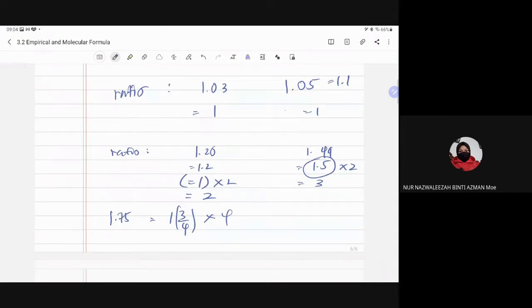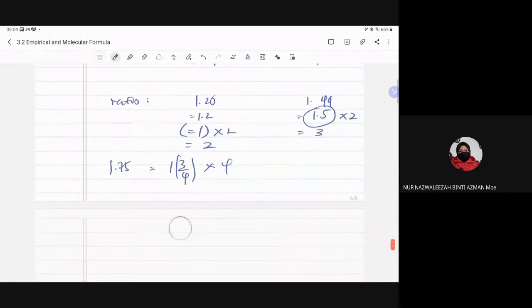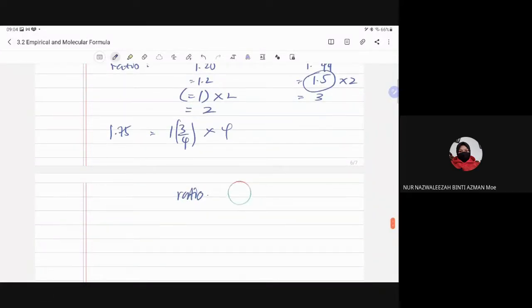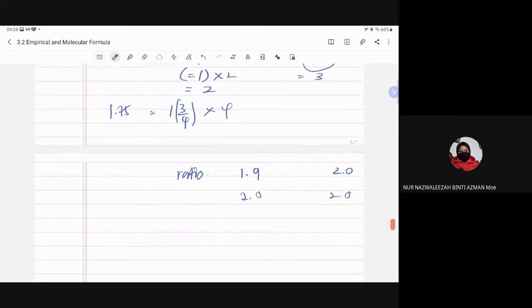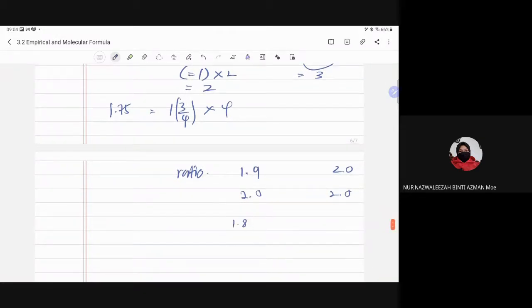Kalau contohnya lagi satu ratio, let's say, kita dapat 1.9, 2.0 lah, contoh. Okay. 1.9 ni kita boleh bundarkan terus kepada 2.0. 1.8, okay, 1.8 pun bukan a part of the special number. Jadi dia pun akan jadi 2.0.